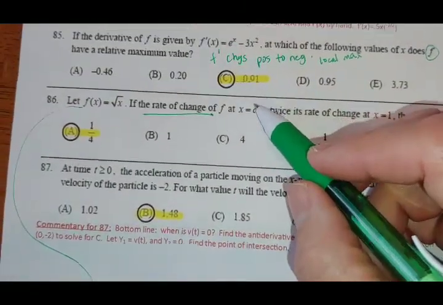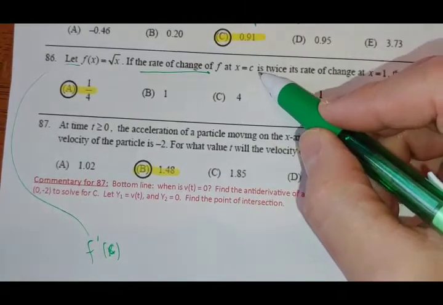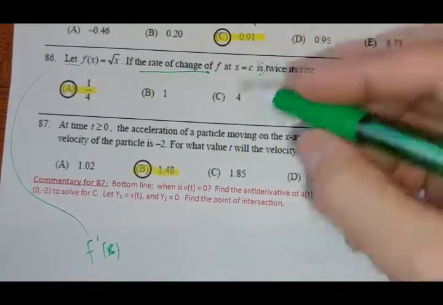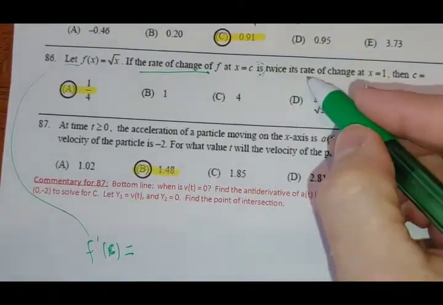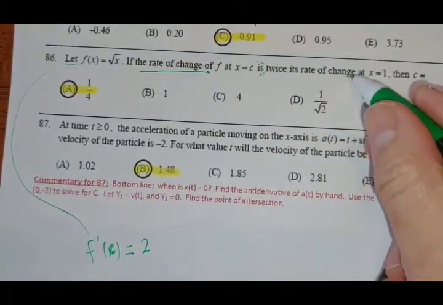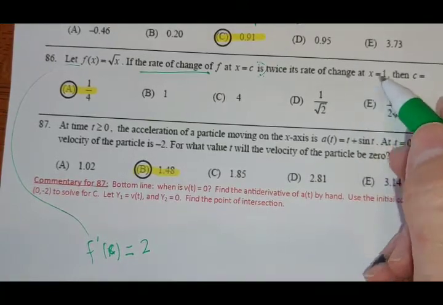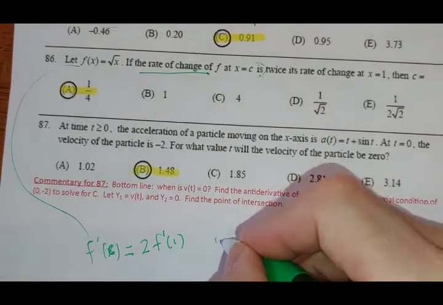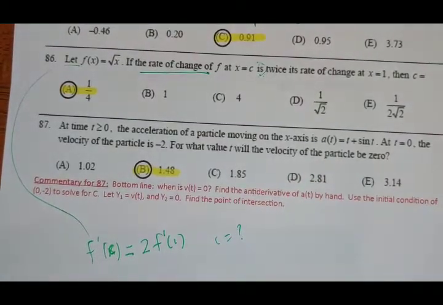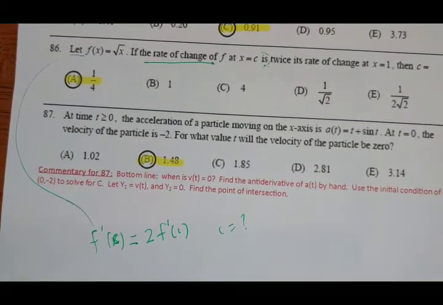It's all about the words. If f prime of x at x equals c is twice, I'm just doing a literal translation, that means 2 times its rate of change at 1, f prime at 1, then c is equal to what? So this is really a pretty easy problem if you do the translation.